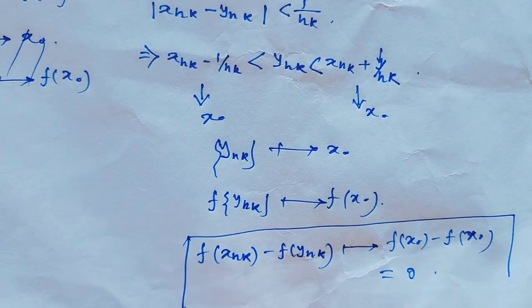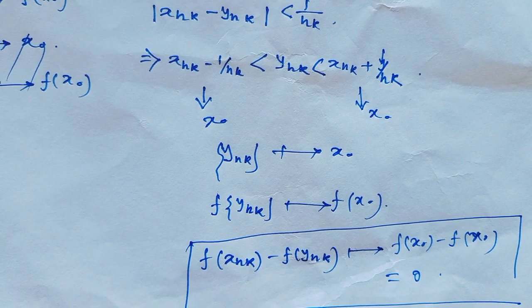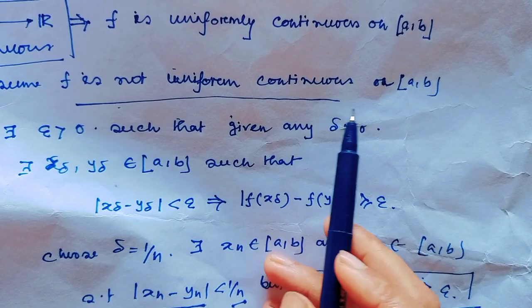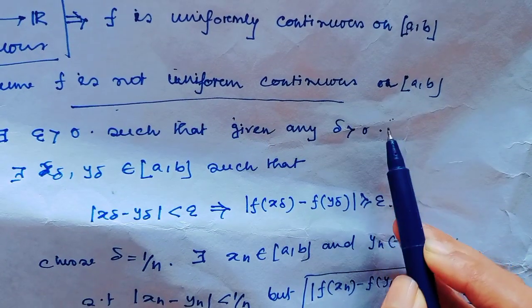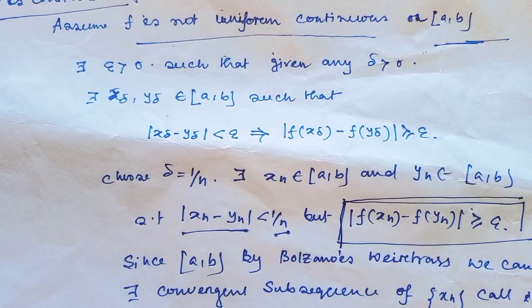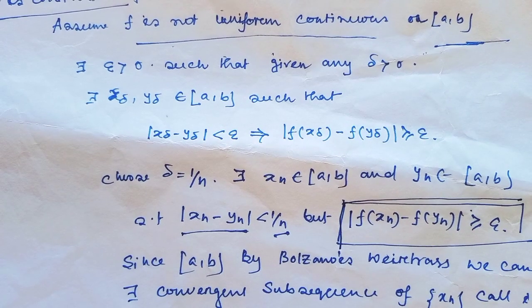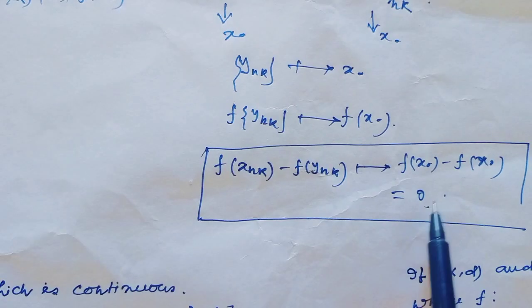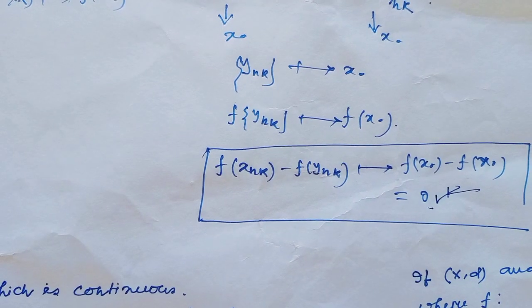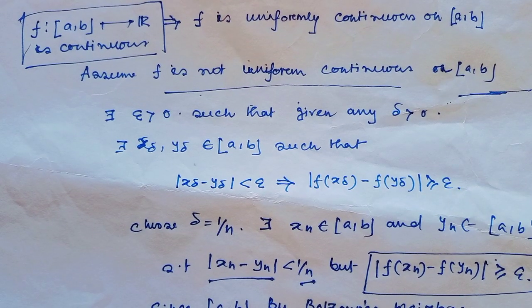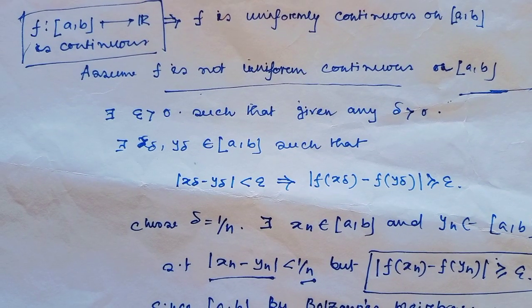This condition breaks our assumption, because by our assumption f is not uniformly continuous on the closed interval AB. This is a wrong assumption. Since I have assumed f is not uniformly continuous, this condition must hold, which contradicts our assumption. So if the domain is closed and bounded, then continuity always implies uniform continuity.